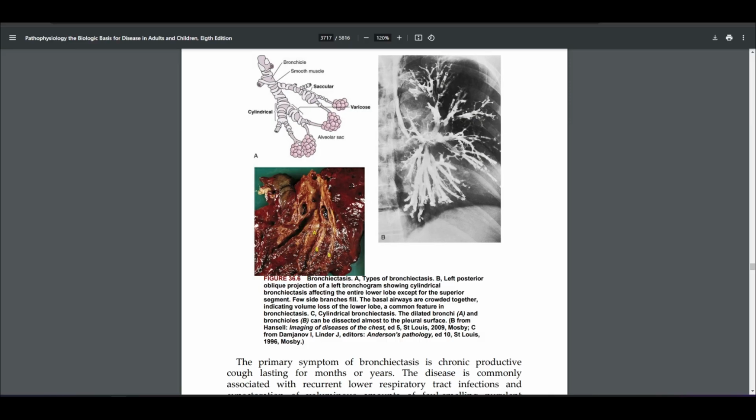Few side branches fill, the basal airways are crowded together, indicating volume loss of the lower lobe, a common feature in bronchiectasis. And that last picture at the bottom is a cylindrical bronchiectasis, the dilated bronchi and bronchioles can be dissected almost to the pleural surface.